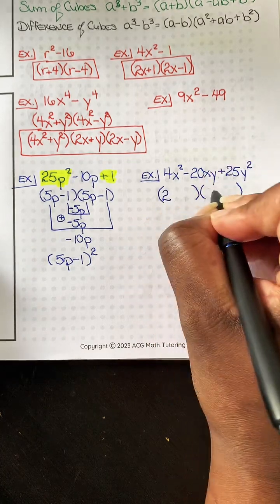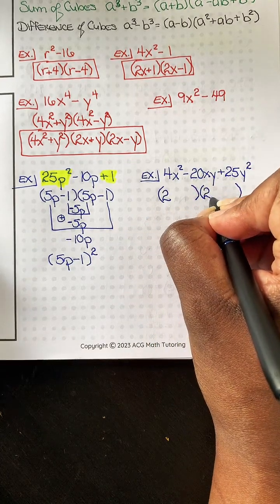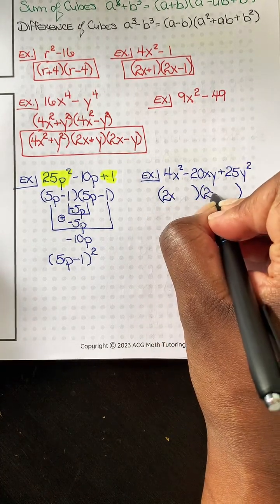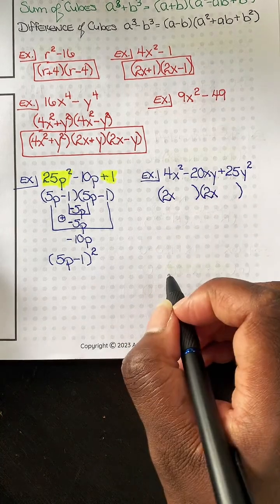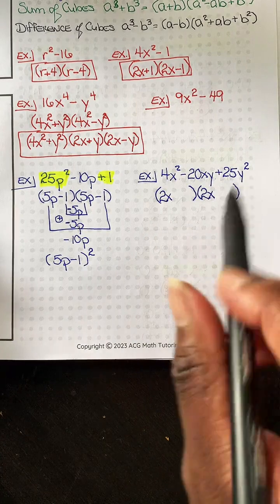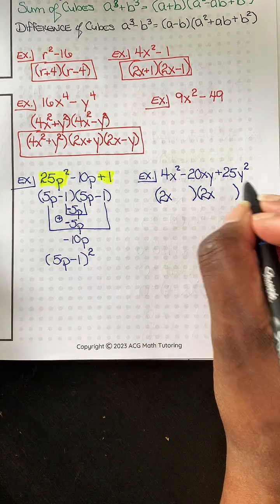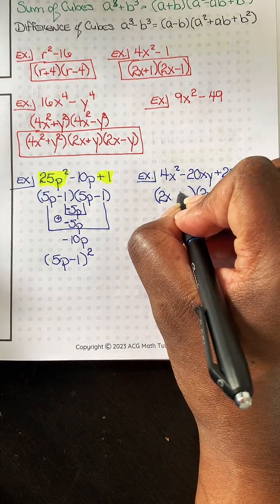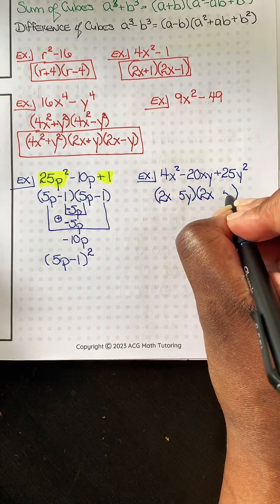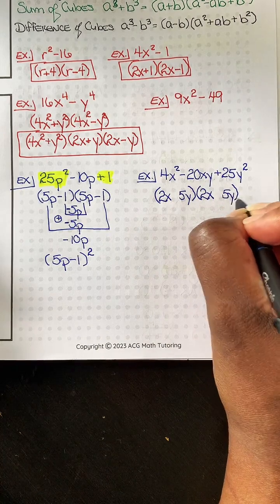That should give me 2s. Split my x's. That should give me x. Now, split my 25. That's a perfect square. Good. And my y's. So that gives me 5y.